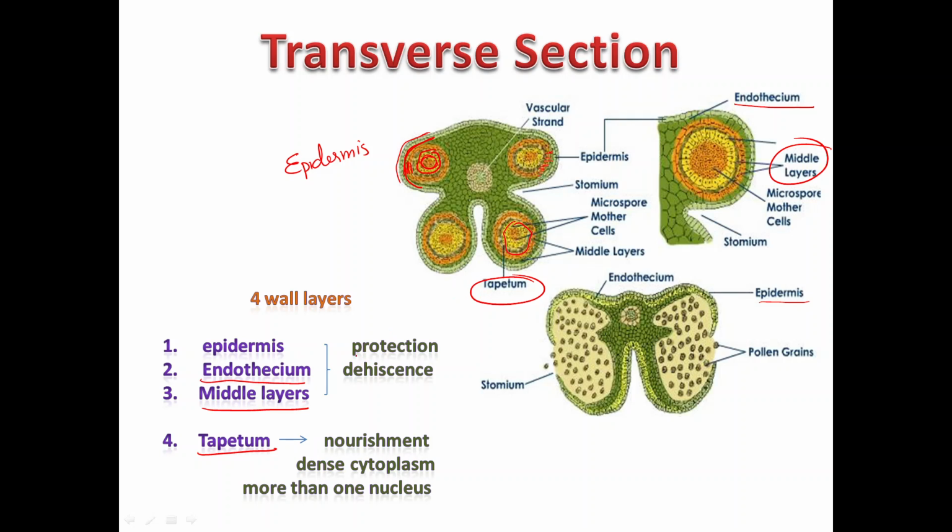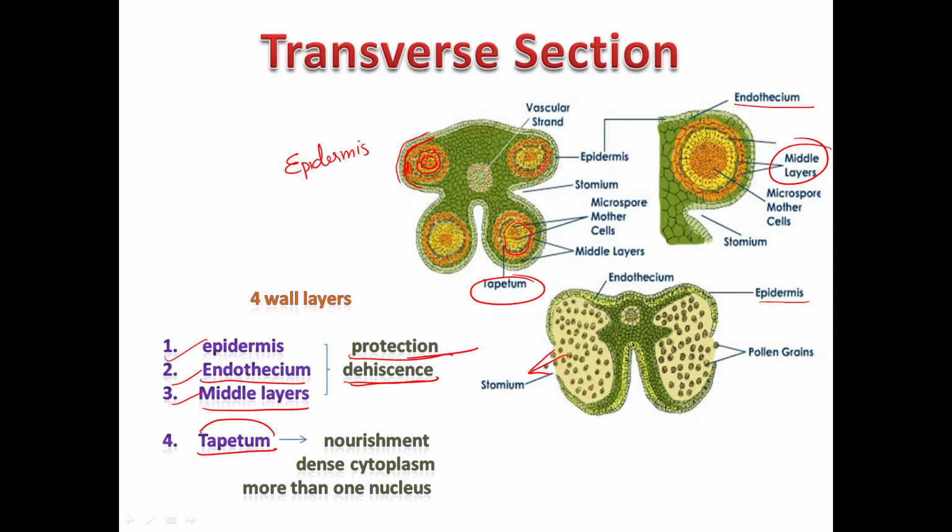The outer 3 walls help in protection and help in dehiscence. Dehiscence means the opening or splitting open of the anther and the release of the pollen grains. These 3 walls play the major role in dehiscence and protection.